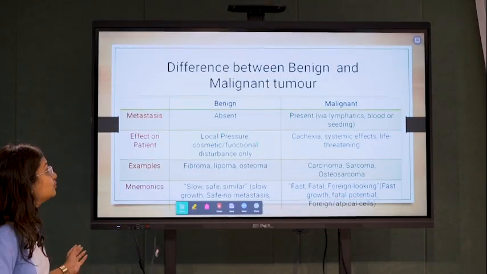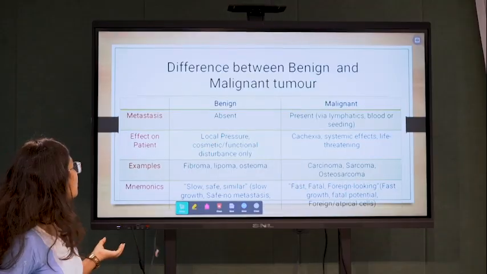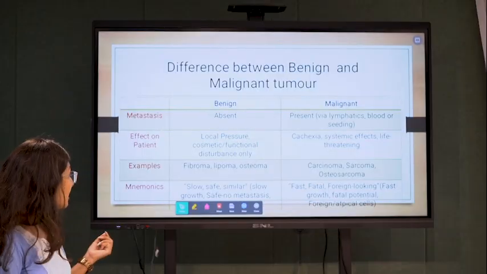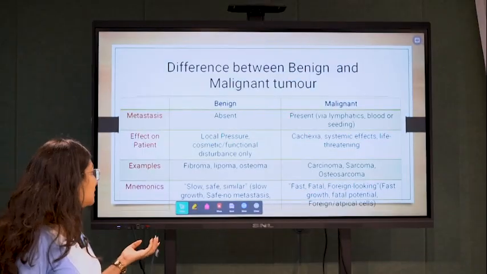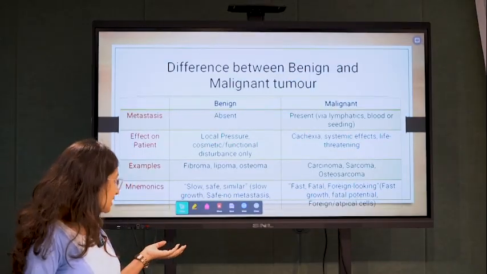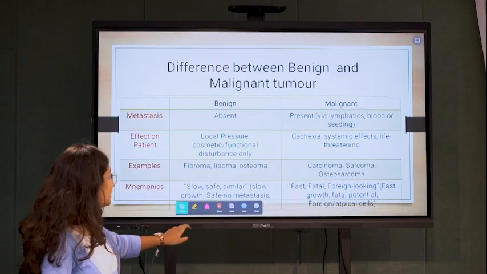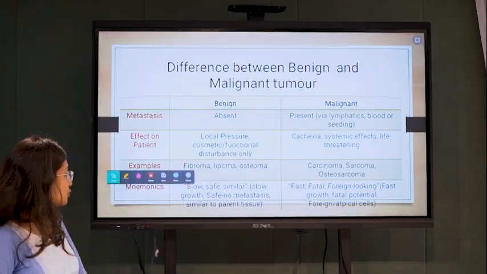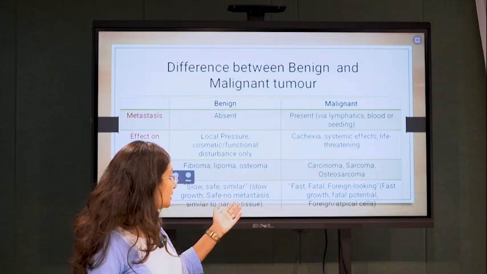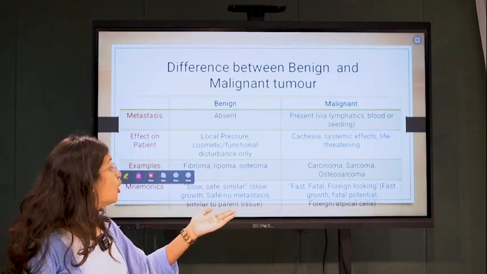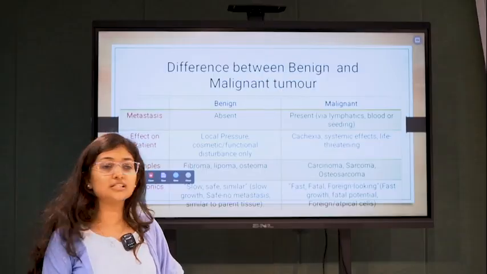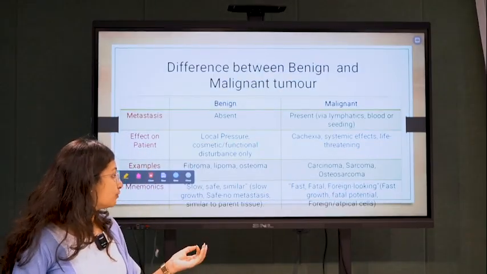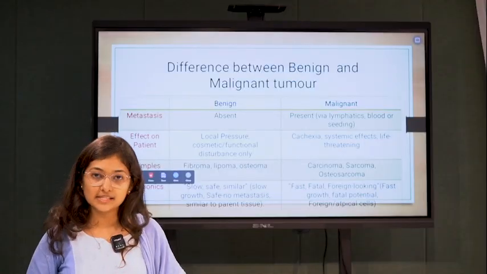The mnemonic to remember it easily: 3S for the benign, slow, safe and similar, which means slow growth, safe with no metastasis, and similarity to the parent tissue. Whereas the malignant is fast, fatal or foreign looking, which means fast growing, fatal potential, and foreign or atypical cells are present.